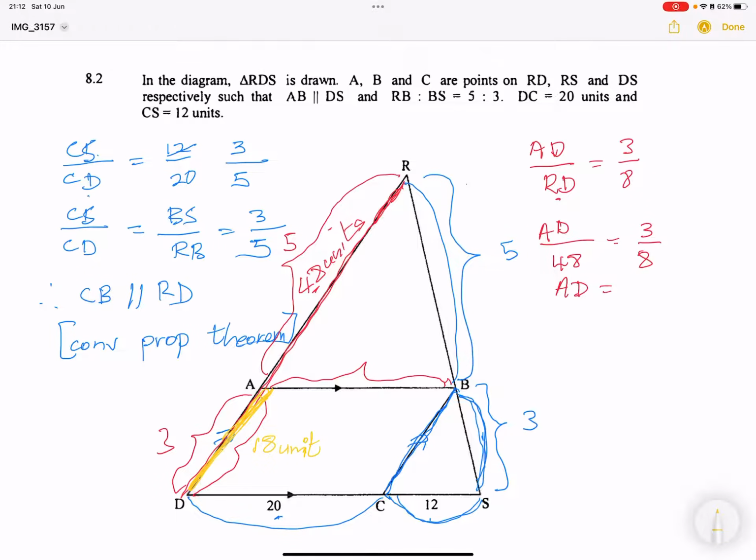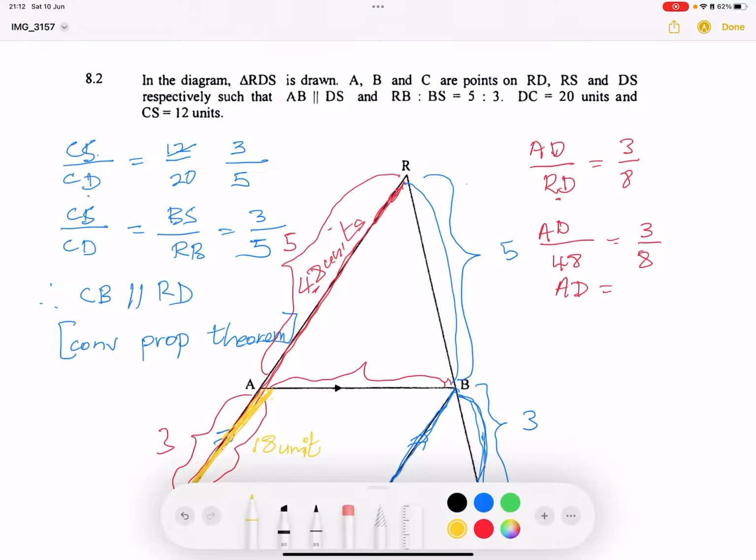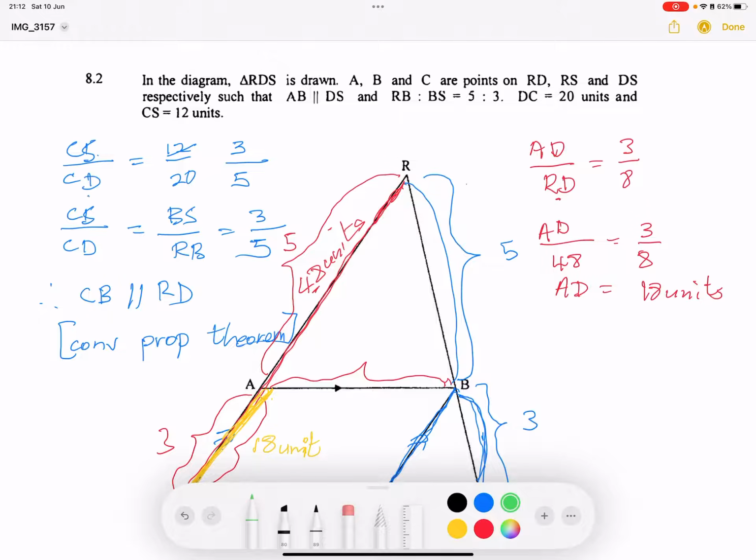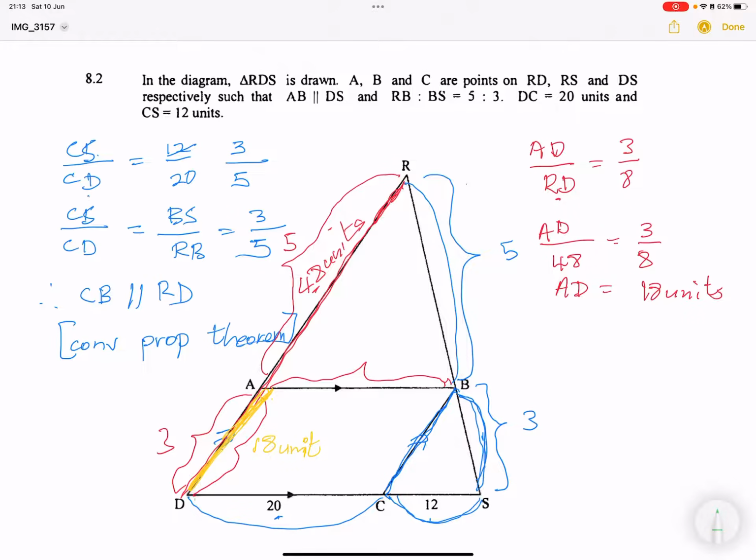Right. So now let's find out how long AB is. So we found out that this side is 18 units. Now let's find out how long AB is. We're going to use the proportionality theorem again. I want you to note in this case, we already know the length of side DS.